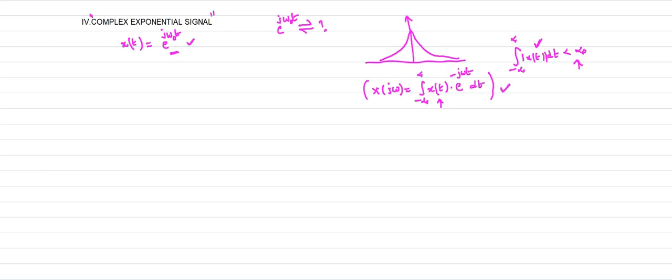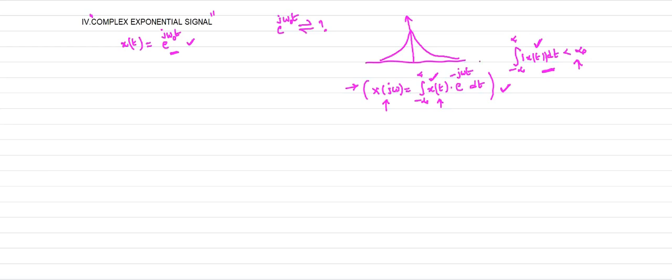Remember here, very crucial point. If you want to use the Fourier transform to calculate the frequency domain signal, the time domain signal must be absolutely integrable. In other words, the signal is a converged signal.